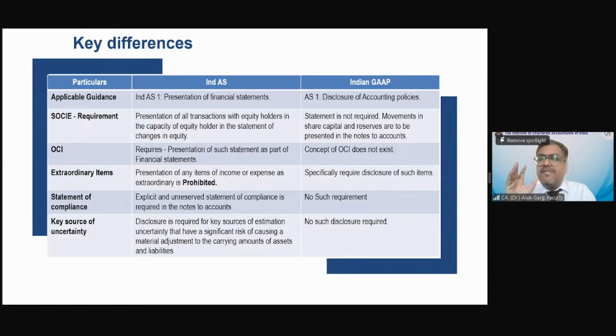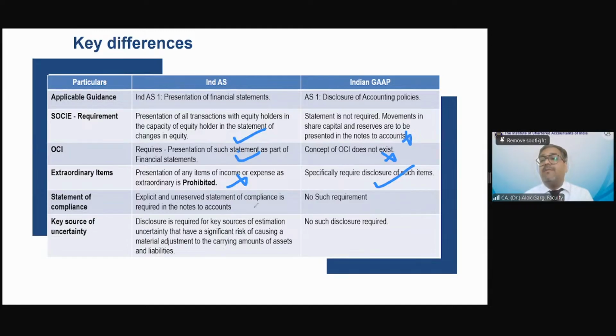A statement of changes in equity is a separate statement under Ind AS, while in accounting standard, we were also presenting this movement in equity share capital, movement in reserves and surplus as a part of the notes to accounts, but it was not a separate statement which is signed by the auditor and the board of directors. Other comprehensive income is a separate requirement in Ind AS. This requirement does not exist in the old accounting standard. Extraordinary item is not required in Ind AS. This was a separate requirement in accounting standard.